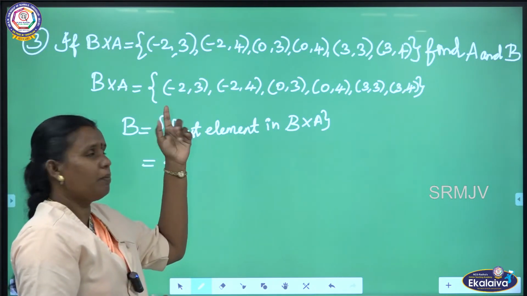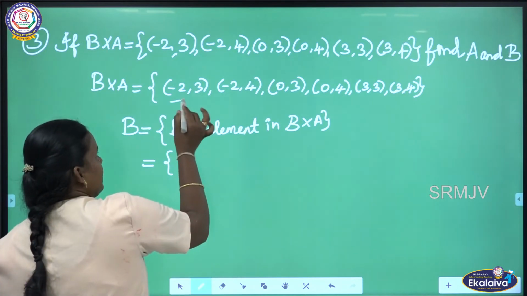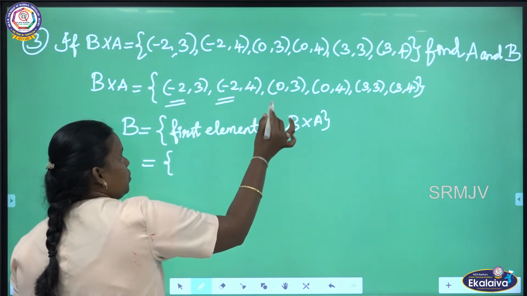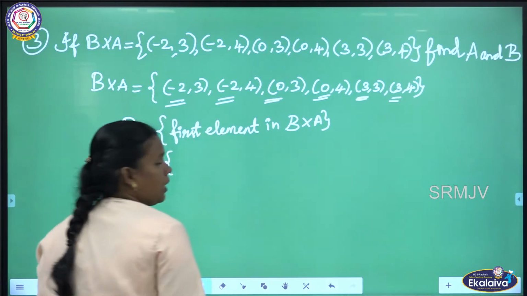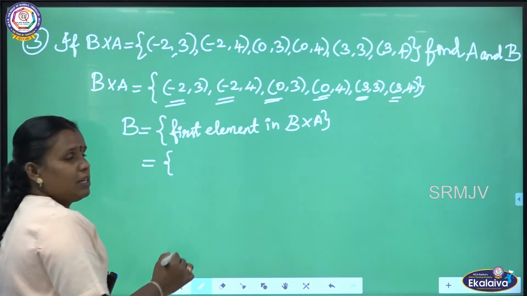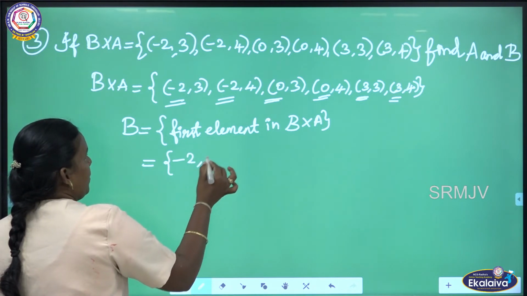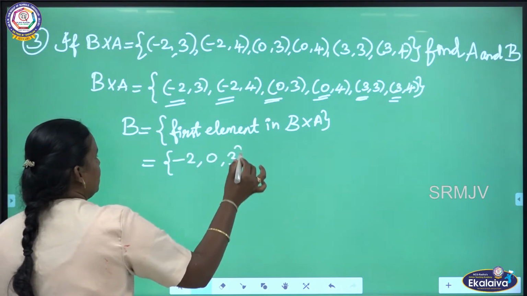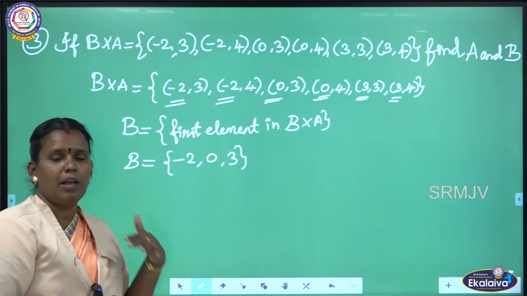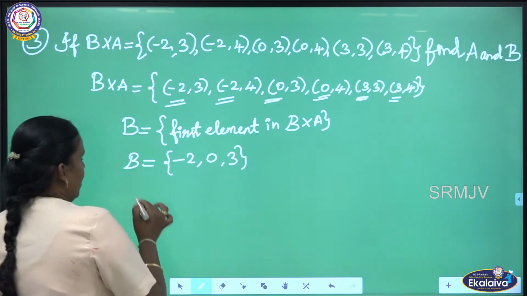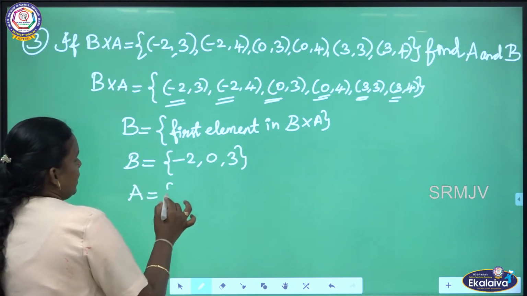Minus 2, 0, 3. So I write the B set with elements minus 2, 0, 3. Are you clear, students, how we take the B set? Then I am going to proceed with the A set. A means the second elements.